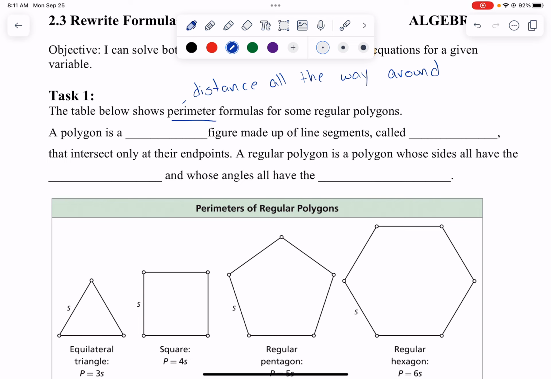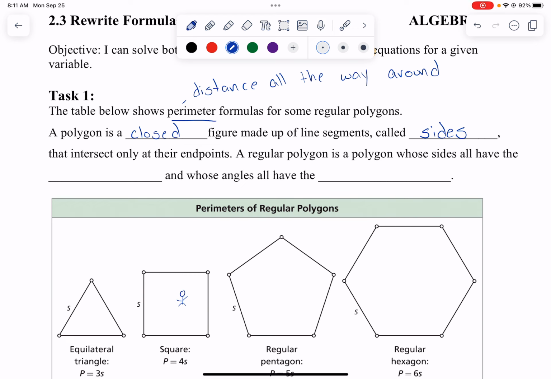A polygon, if you don't remember, is a closed figure, meaning once you're inside, if I have this little person inside here, they can't get out. It's got a strict inside, a strict outside. So it's a closed figure made up of line segments. We call those line segments sides that intersect only at their endpoints.